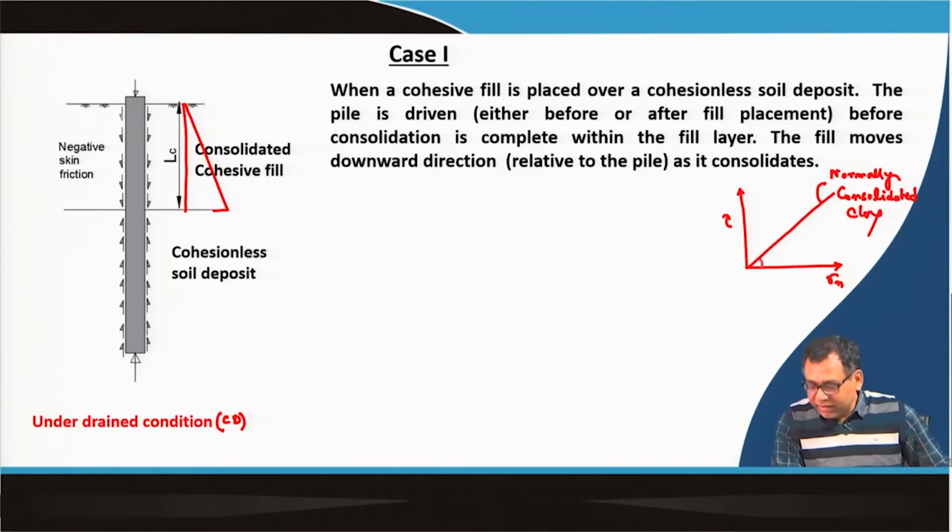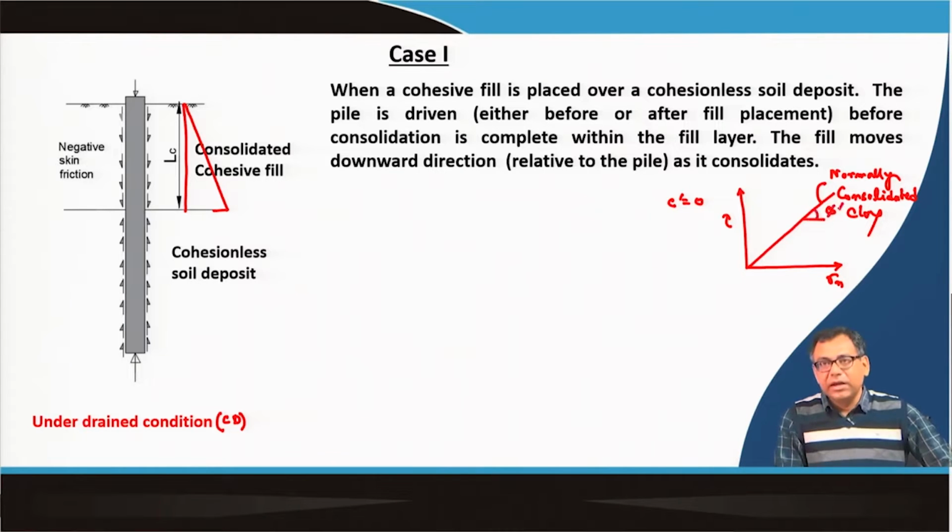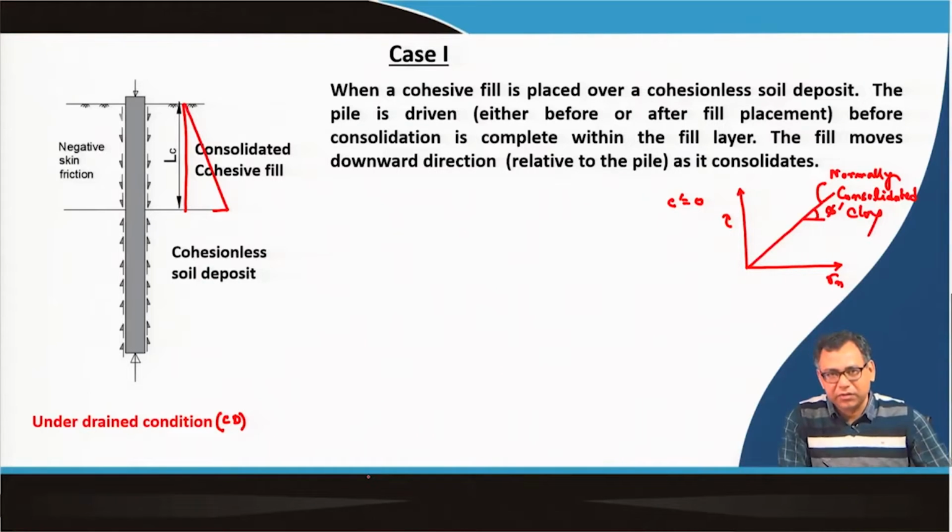So, your c dash value will be 0 if it is a CD test. Okay. So, my c dash value will be 0 and there will be only a phi dash value, even if it is a clay. Remember that, because you should know, you have done the soil mechanics course.